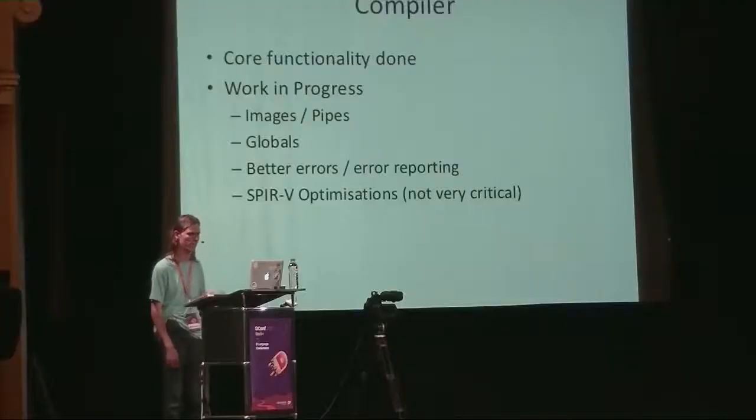Also, better errors and error reporting would probably help a bit, because they're not very readable. And some SPIR-V optimizations would be nice, because SPIR-V is the format that gets produced and then re-optimized by the thing that's consuming it. But it would make debugging SPIR-V a lot easier if you don't have a whole lot of common sub-expressions and whatnot in there.